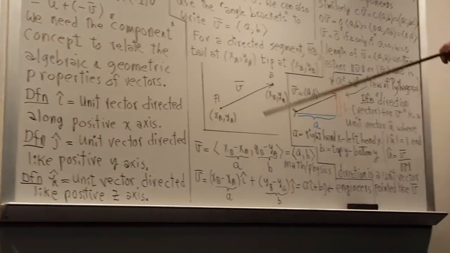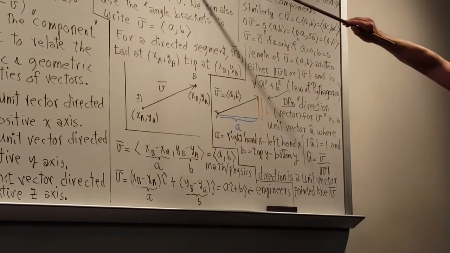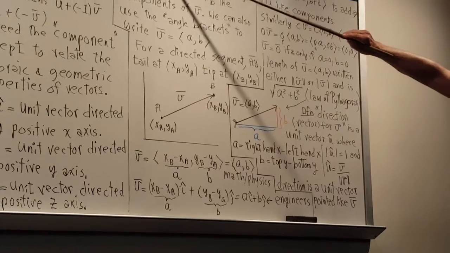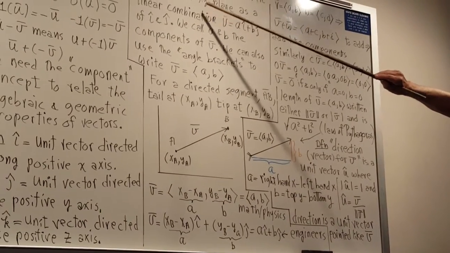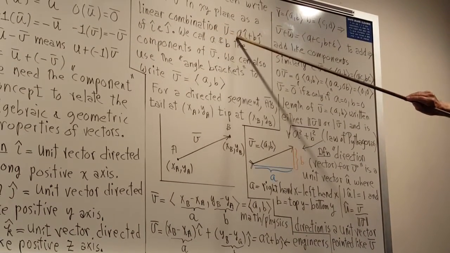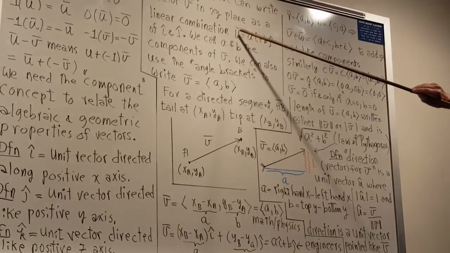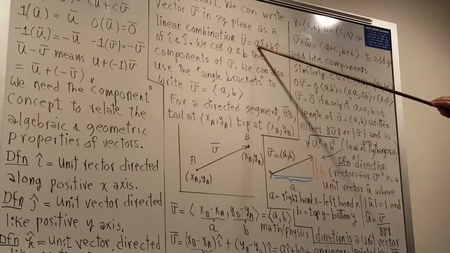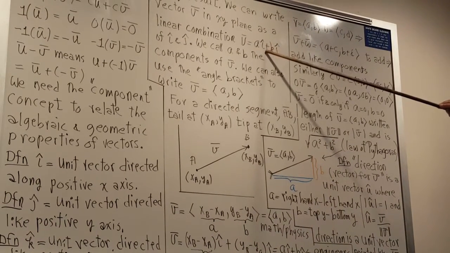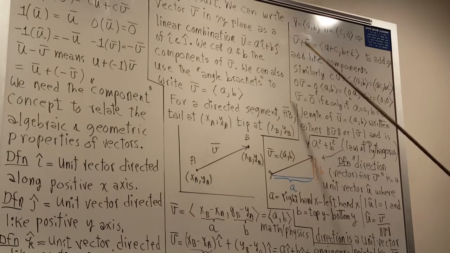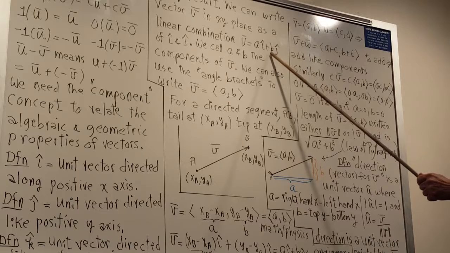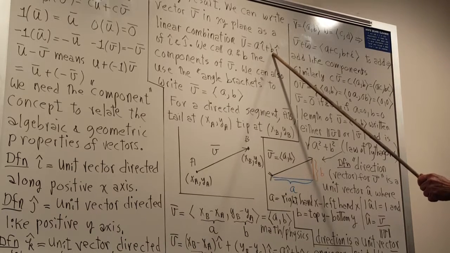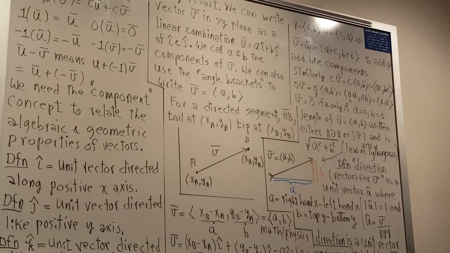And so the key result of all this is that you can write a vector in the xy plane as a linear combination. V is a times i, the unit vector i pointing along the x-axis, and b steps, say, in the direction of unit vector j along the y-axis.